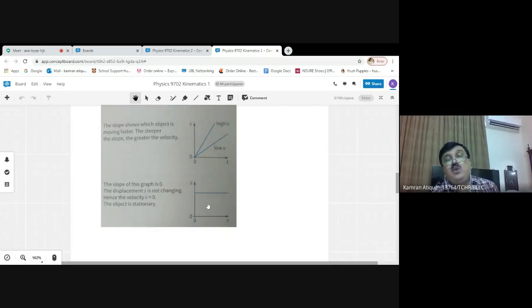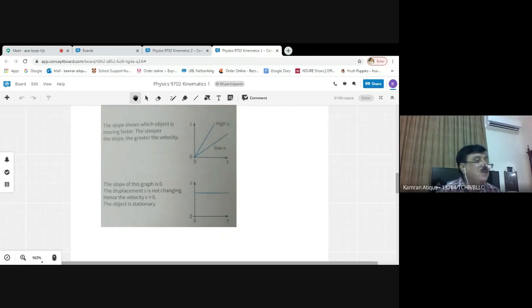Now we need to interpret this particular graph also. Somebody has plotted that graph and given it to us, and we need to interpret it. This time we can clearly see there is an object whose graph, obtained from the calculated data, is a straight line parallel to the x-axis, not overlapping the x-axis, but parallel to it.